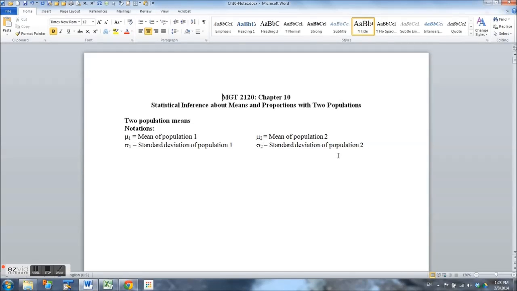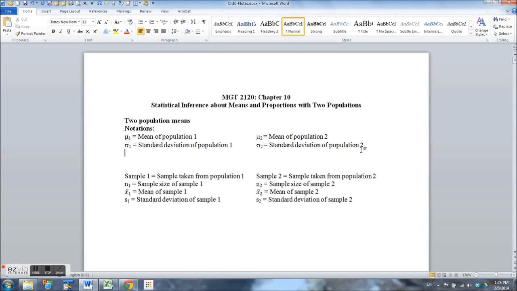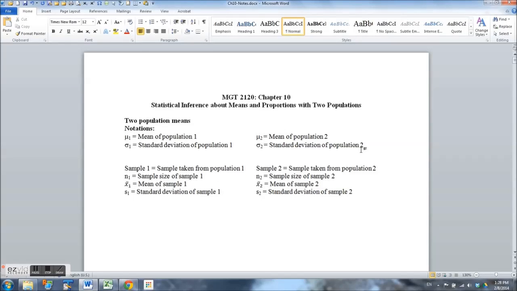Now in the course of estimation we have to take random samples. So one from population 1 and another one from population 2. So here is sample 1 taken from population 1. This must be a random sample, and independent of this random sample we take another sample from population 2 and we call that sample 2. So the sample statistics are, we take a sample of size n sub 1 and from that we compute the average of the sample, which is x bar sub 1, and we compute standard deviation from that sample, which is s sub 1.